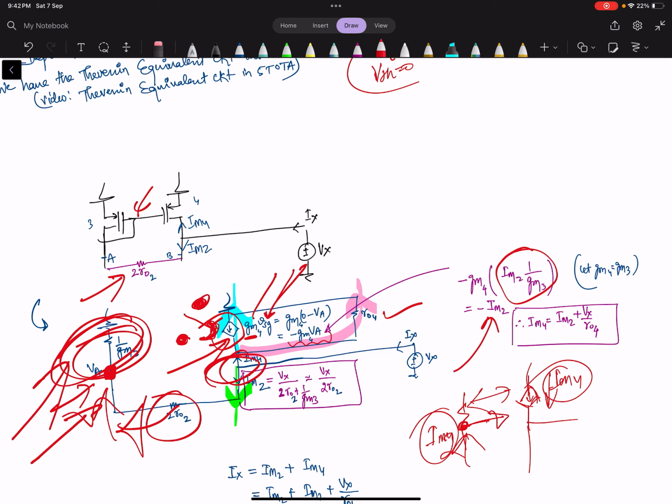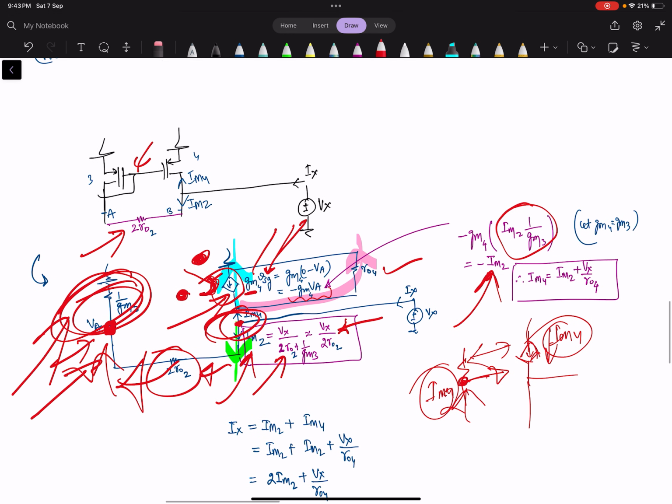So this is the way of writing the current, and in this way you will calculate, it will be minus IM2, and IM2 is nothing but the voltage at this potential divided by the total resistance, and the total resistance is 2 times R02 plus 1 by GM3, and here you can see it is Vx upon 2 R02. So what is the KCL?